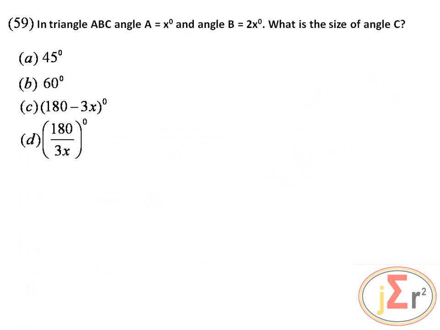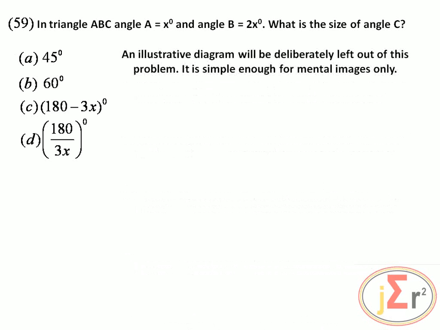In triangle ABC, angle A is x degrees and angle B is 2x degrees. What is the size of angle C? So we have the three angles. A is known to be x degrees and B is known to be 2x degrees.